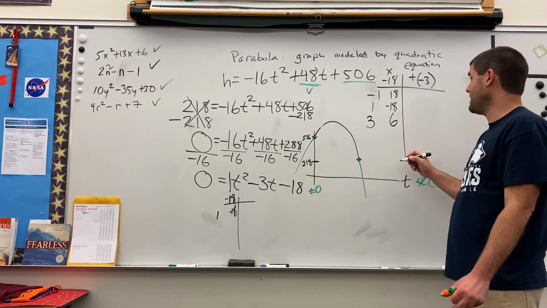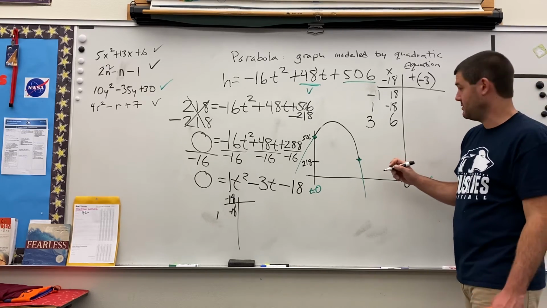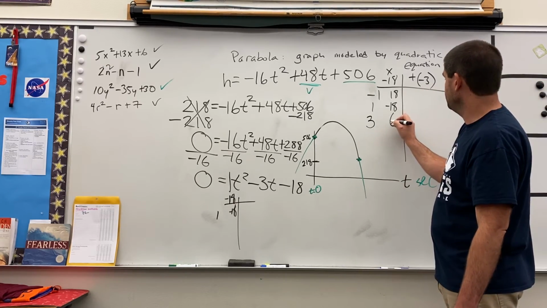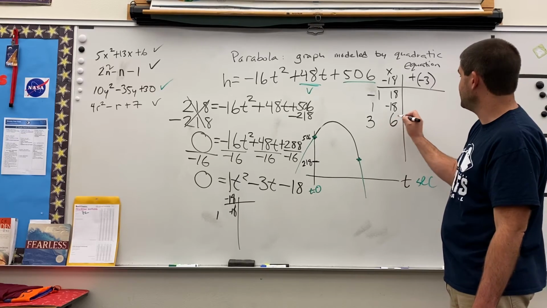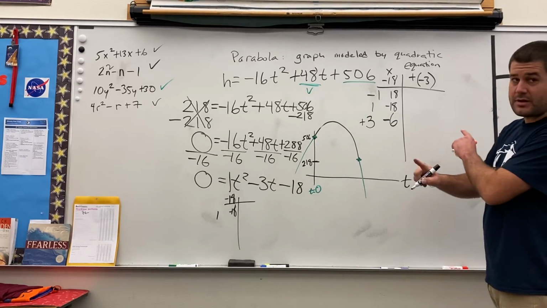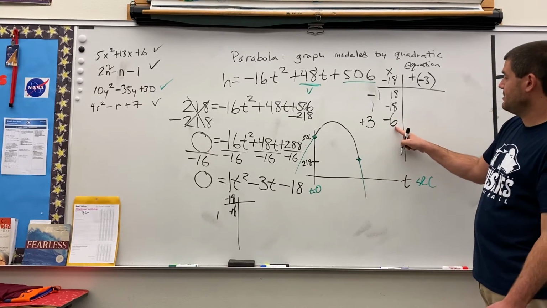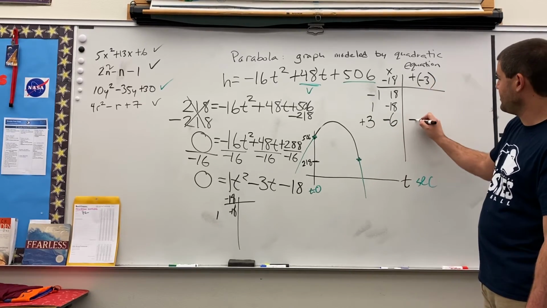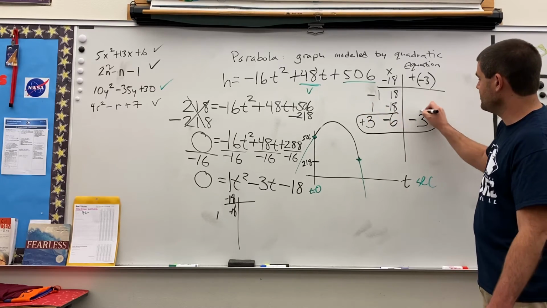We could also do 2 and 9, but I kind of already see that 3 and 6 is going to work. So 3 and 6, and if we make the 6 negative and the 3 positive, not the other way around, then 3 plus a negative 6 gets us our negative 3. So we know that this is our 1.